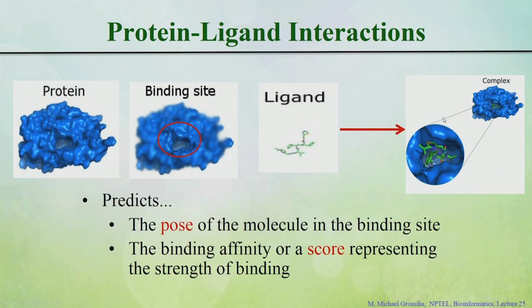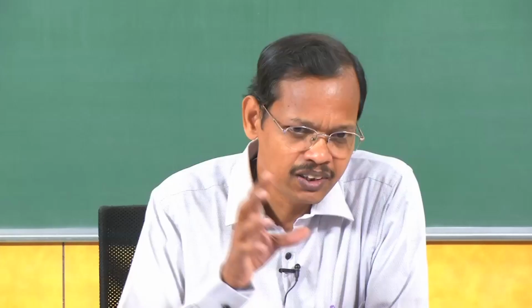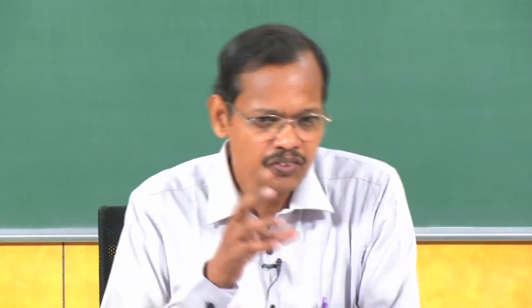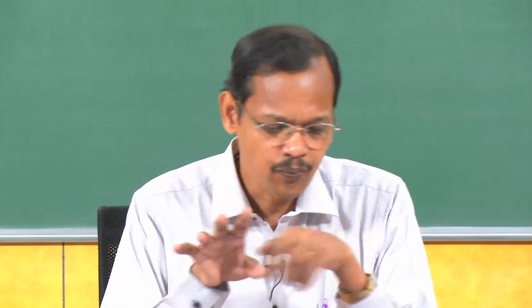Here you have to think about 2 different aspects. One is the pose. You have the cavity acting as a binding site. What is the pose of this particular cavity? What is the conformation of that binding site? Depending on the conformation, the ligand can have different efficiencies. If it fits well, then it can interact tightly, and the affinity is very high, or if it does not fit well, then the affinity is less.